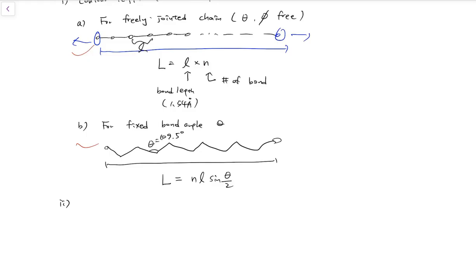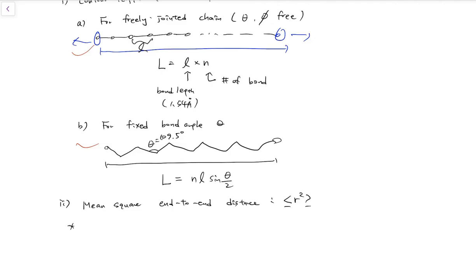So in that case, we denote polymer size based on the mean square end-to-end distance, or we just say average R square. So this bracket means average value.